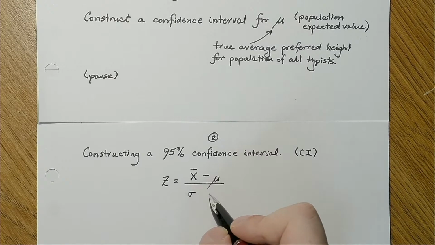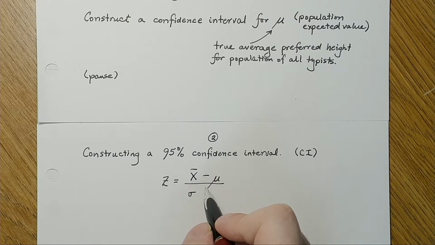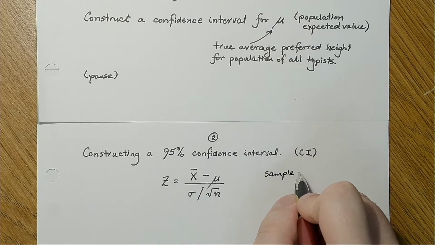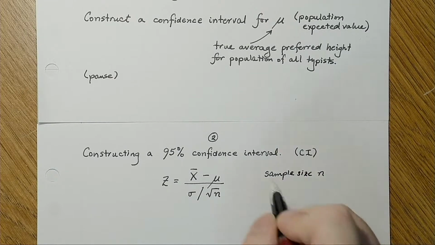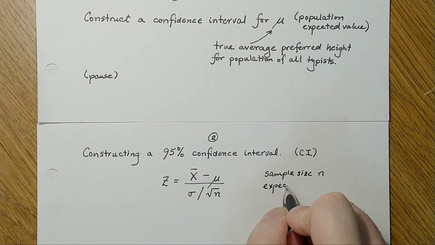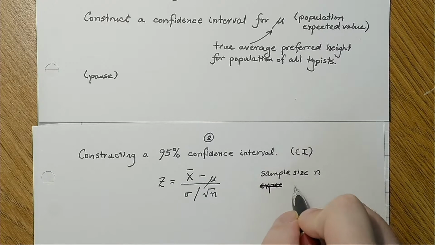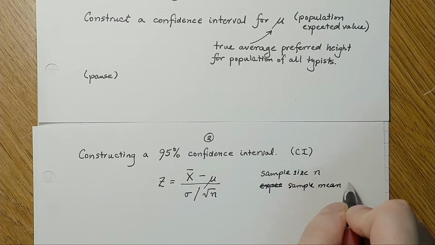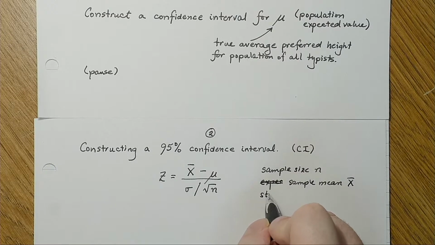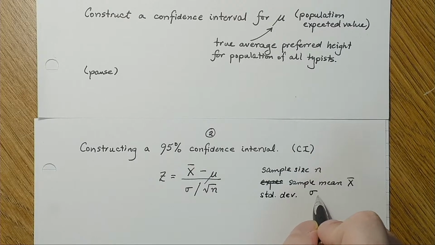And this is where we also have to take into account the sample size, which we'll call n. We have the sample mean, and we have the standard deviation. Okay, so that's the standard normal that we'll be working with.